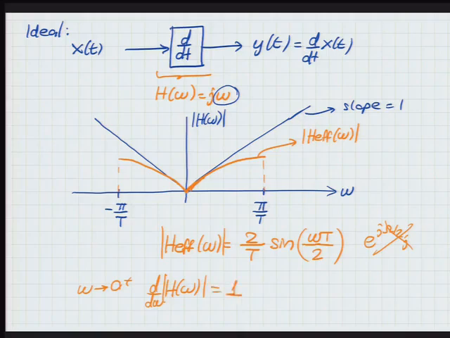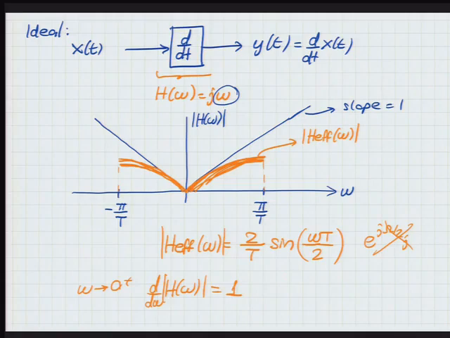So the slopes here actually match, right? What happens is that in our discrete time method, we're going to sort of saturate here, level, whereas the other keeps going. And also we stop at frequency pi over T, because any input frequency beyond that is not allowed. Okay? So now looking at this, would you be more or less satisfied with what we've done?